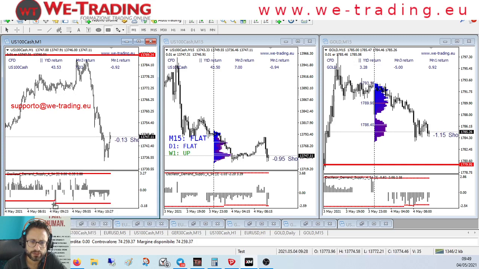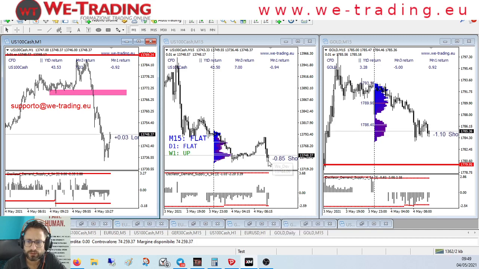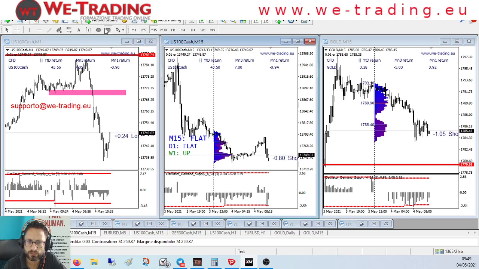For example, in this extreme of the market, at this time we have the first resistance of the uptrend, and on M15 we see here a support on this low of the market, so this is the support.